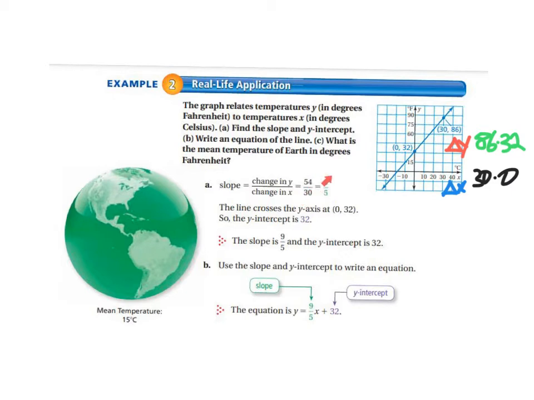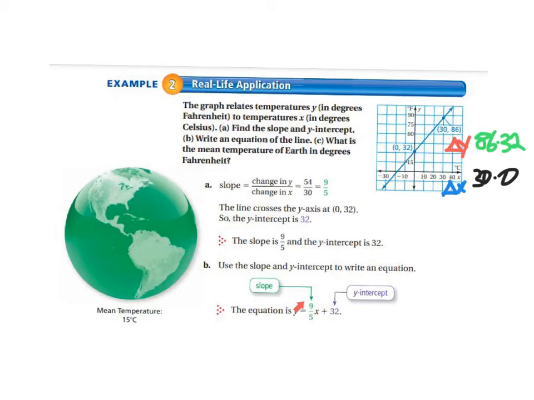This has a slope of 9/5. Now that is an improper fraction, but we could just keep it as a fraction. So in our formula, the equation is y equals 9/5 x, and then plus 32. Remember, this is the b, or the y-intercept. Here's the y-intercept right here. When x is 0, the y is at 32, so we just plug that in.